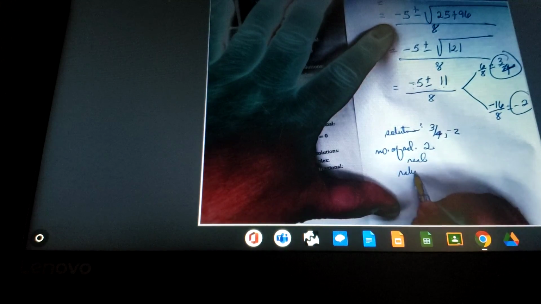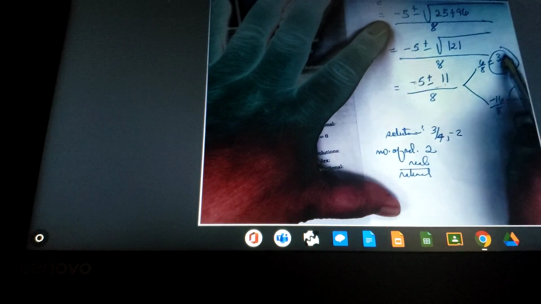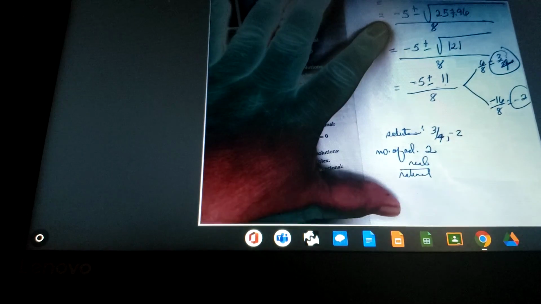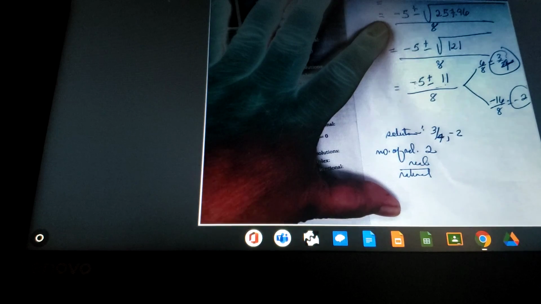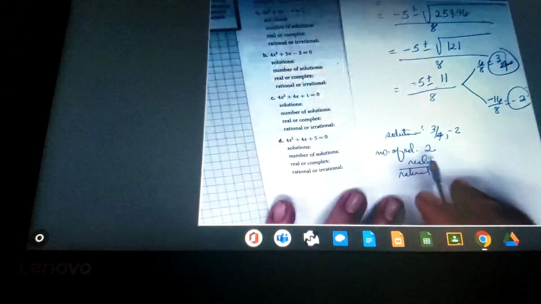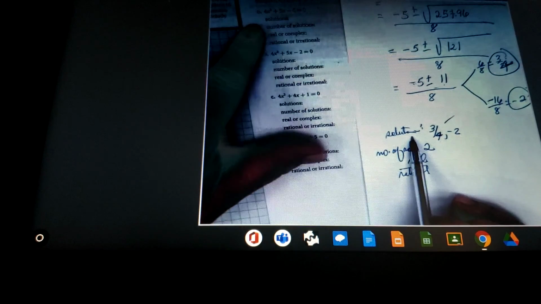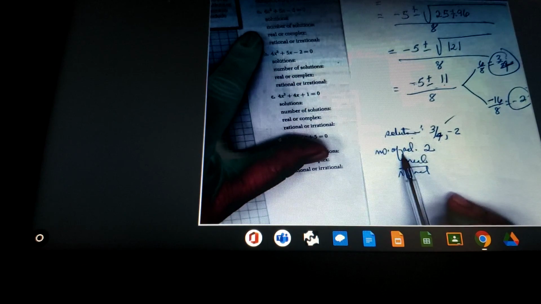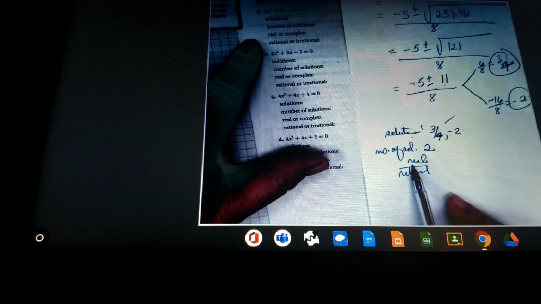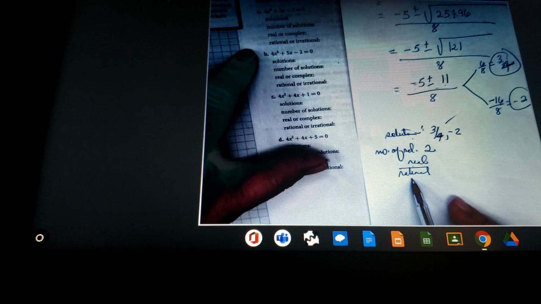Rational, because this is a perfect square. If it is irrational, that is not a perfect square. So these are the answers: 3 over 4 and negative 2 for the solutions. Number of solutions 2, real, and then rational. Okay?